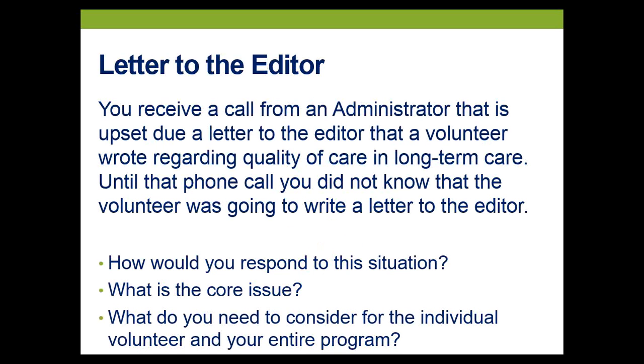So normally I would open up the lines for response on this, but I'm just going to walk through some basic steps on how to resolve it for the sake of time. Obviously, when you're on the phone with that administrator, you'd want to thank them for that information and inform them of the role of the ombudsman, whether it's all certified ombudsman, in being involved in providing information to the public and in systems advocacy, which bottom line, that's what that volunteer ombudsman was doing, was providing information to the public about resident rights, the volunteer or the ombudsman program, and how to contact them.